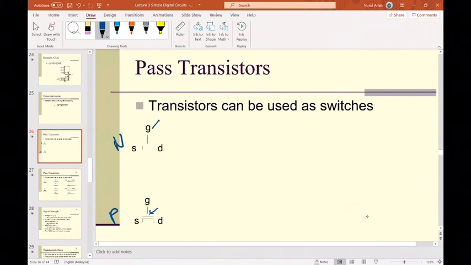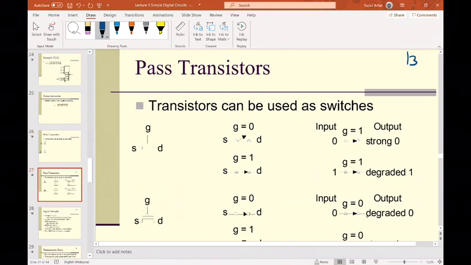If you turn on this gate, the drain side will take the input or the source side. If you switch on the gate, or you supply 1, then the switch turns on and the current will move from source to drain.